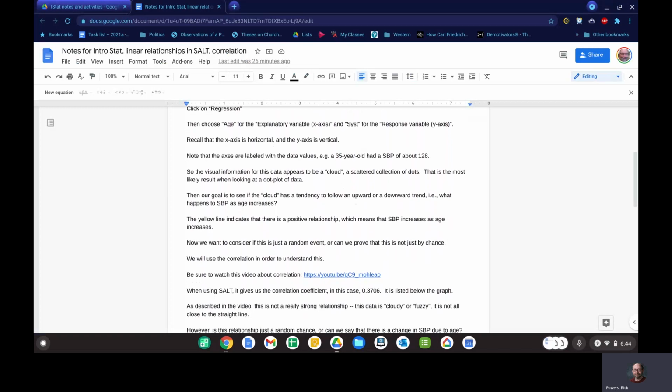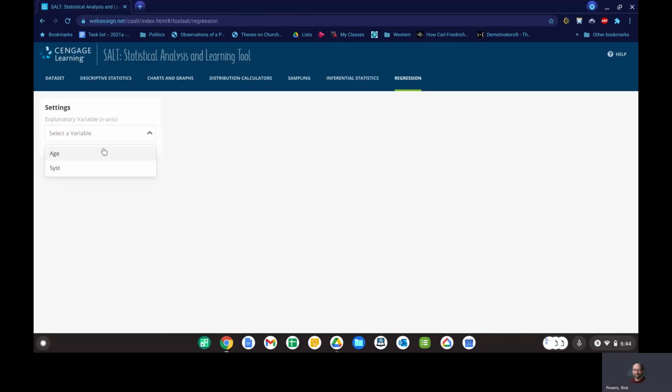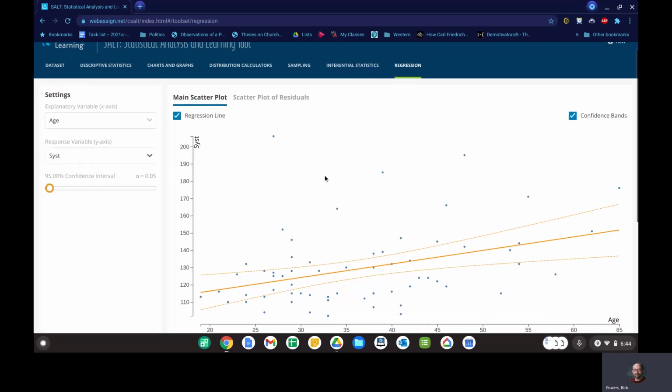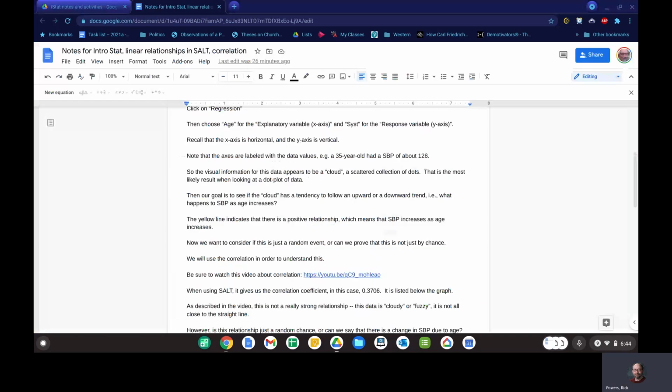Recall the x-axis is horizontal and the y-axis is vertical. So we select age for x and SYST for y. Note that the axes are labeled with the data values. For example, a 35-year-old had a systolic blood pressure of about 128.